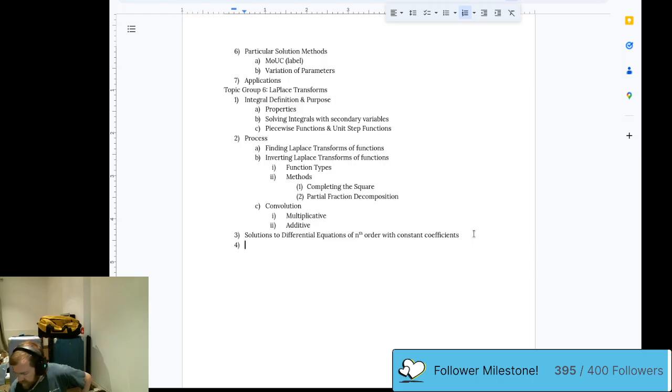There we go. Using matrix methods, yeah, we already got that. Yeah, that's kind of it. If we think of anything later, we just add it back in.